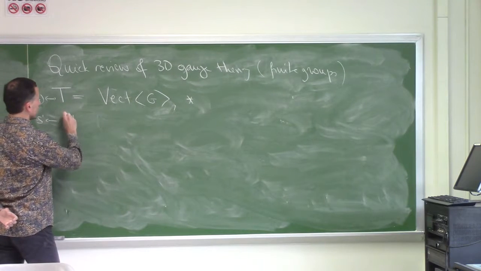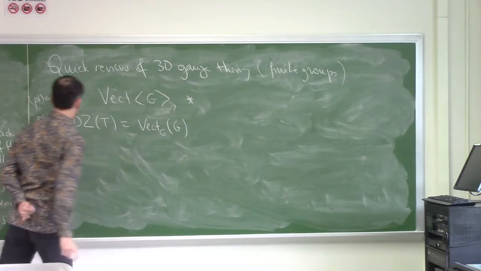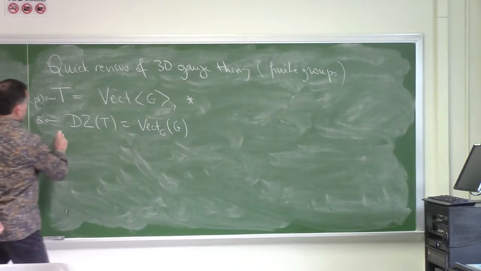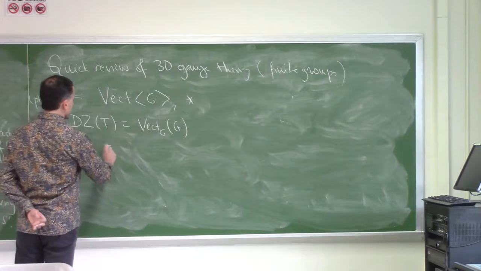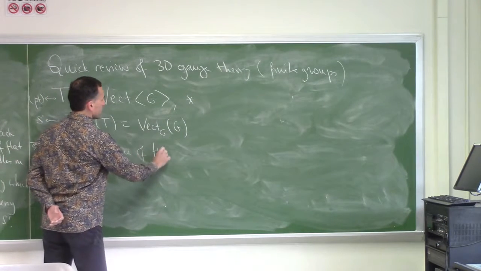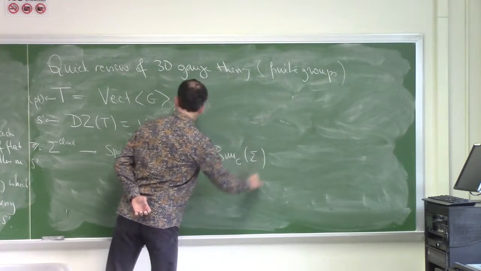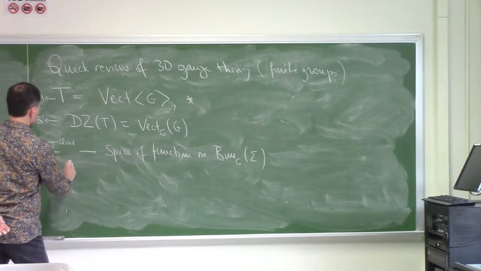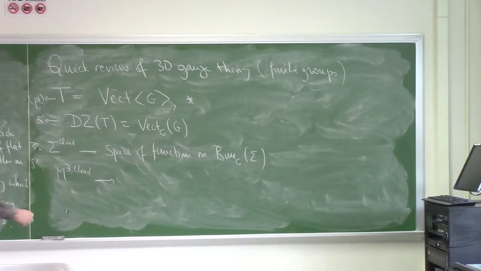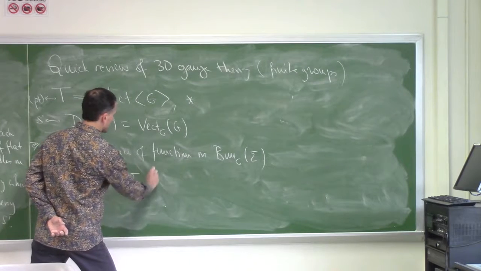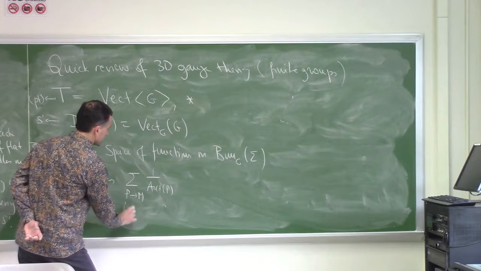The circle corresponds to the Drinfeld center of the category, which is the G-equivariant vector bundles on G. For a closed surface, to make it easy, we associate the space of functions on G-bundles on sigma, and to a closed 3-manifold M, we associate the total count of G-bundles, weighted by the automorphisms, the sum of 1 over the automorphism group of P, over isomorphism classes of P over M.